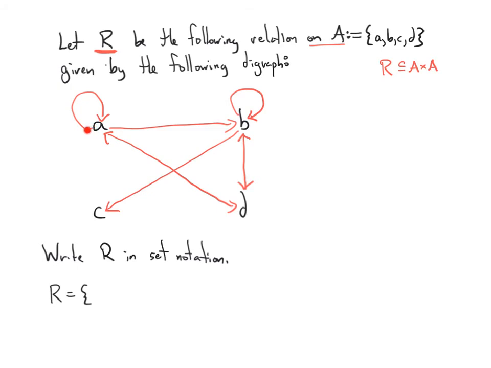So this arrow here says that A is related to itself. A is related to A, since there's an arrow starting at A, going to A. This arrow says that A is related to B, so A R B.